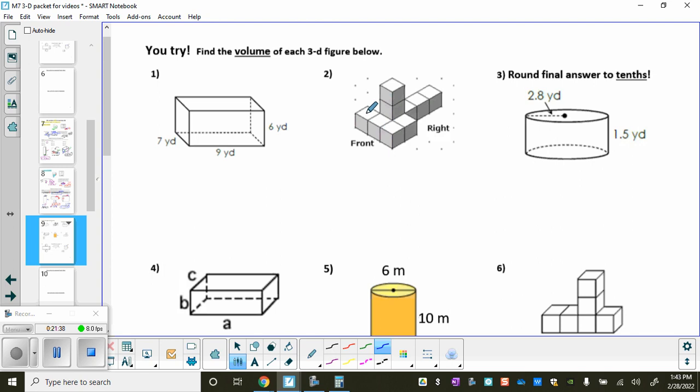So for this one, I see 1, 2, 3, 4, 5, 6, 7 cubes, 8, 9. And these two have to be on top of another cube. So this one, for example, I can already tell you that's going to be 10 cubic units. You just literally count how many boxes you would even see. And if there's something on top of it, don't forget to count the one underneath it, okay?